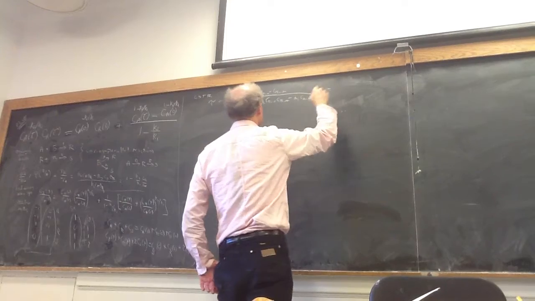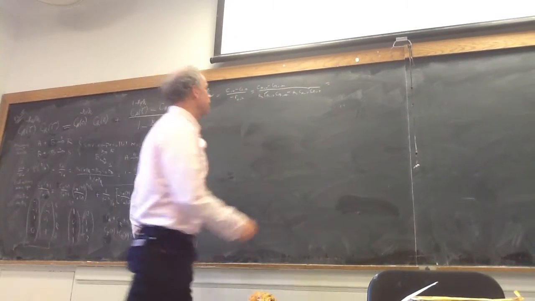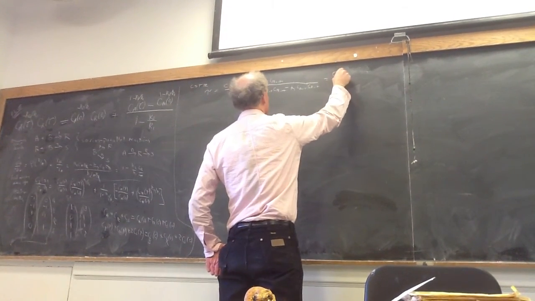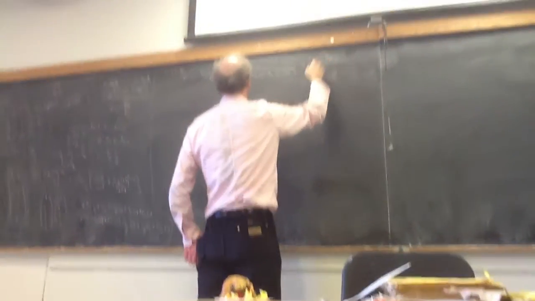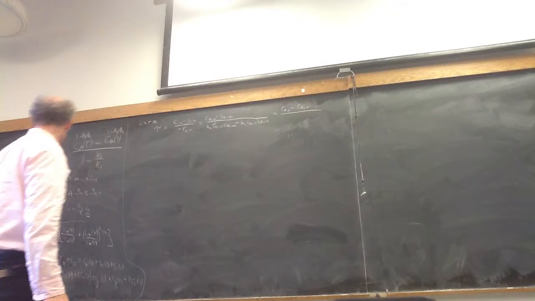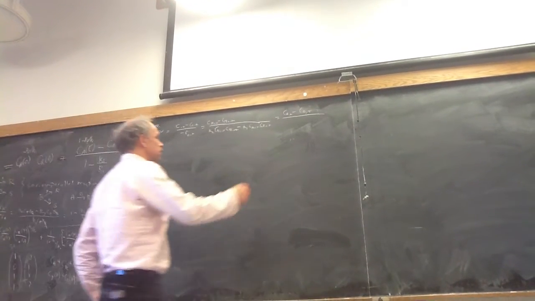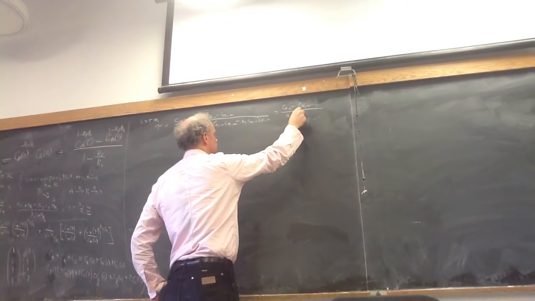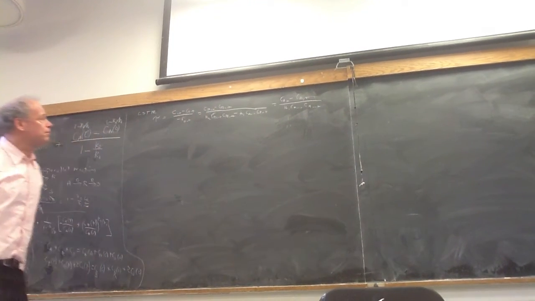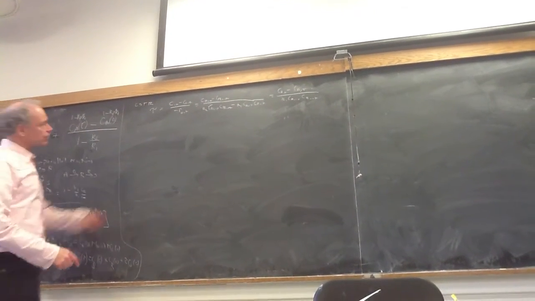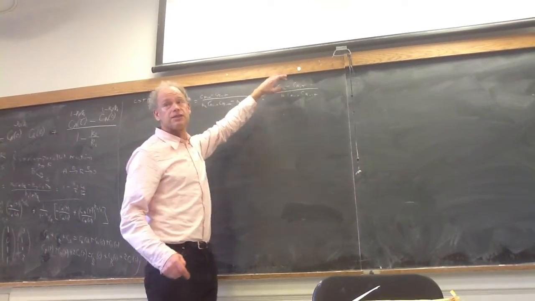And I can also write this for CA. So it's CA in minus CA out over K1 CA CB out. Or if I manipulate this to get it in the following form, this thing divided by this thing.